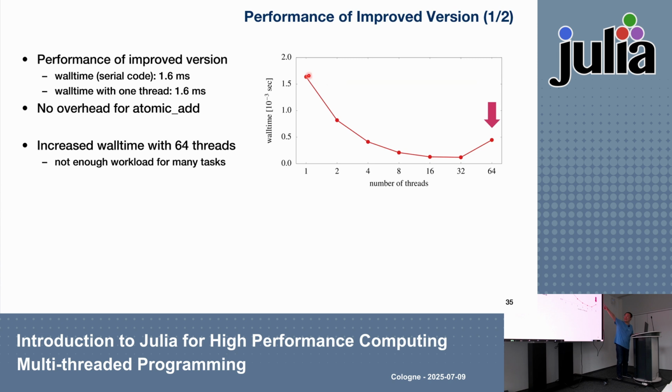You will see that the calculation time reduces, except for the very last one. For the very last one, the reason is, as you can see, with 32 threads, the calculation time is really fast. But with more threads, it becomes slower because the calculation is not enough to be efficiently parallelized among, let's say, 64 threads.